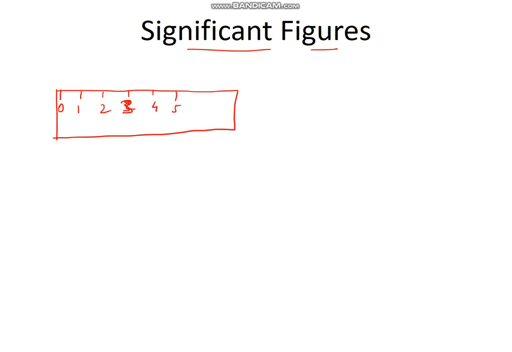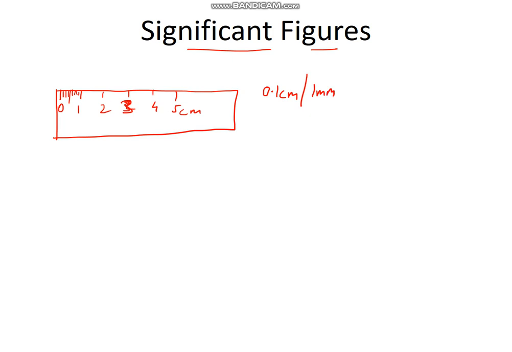So these are all given in centimeter. So what is the minimum distance that you can measure? If you see, every centimeter is divided into millimeters. So the minimum distance that I can measure over here is 0.1 centimeter, or you can say 1 millimeter.